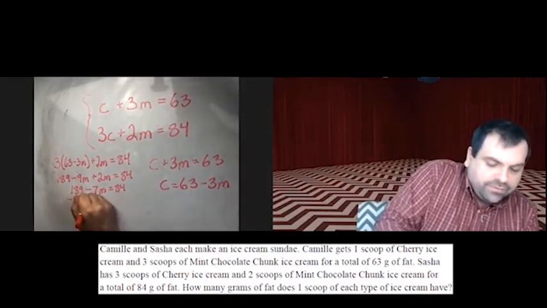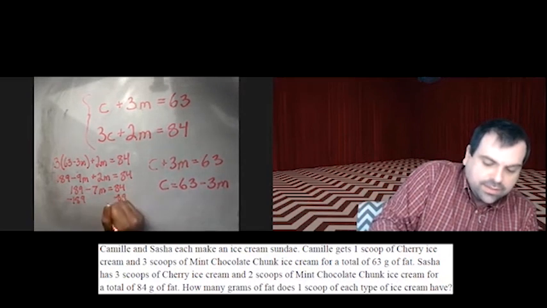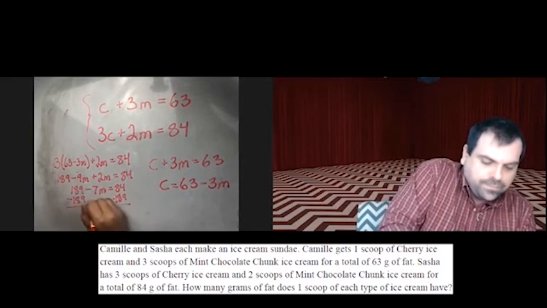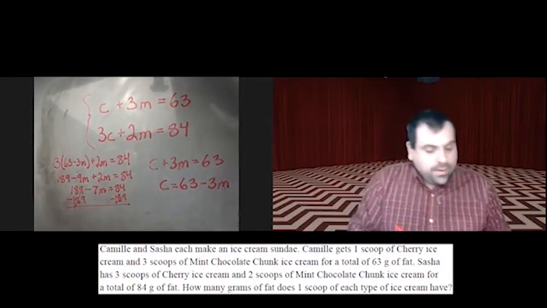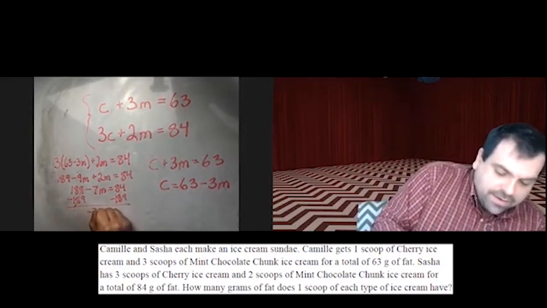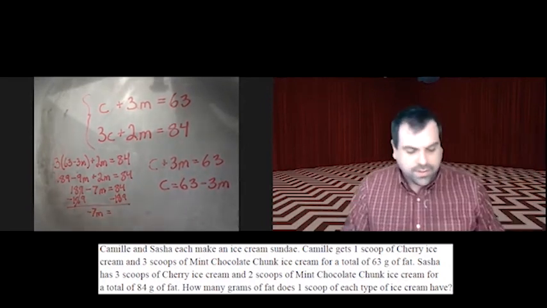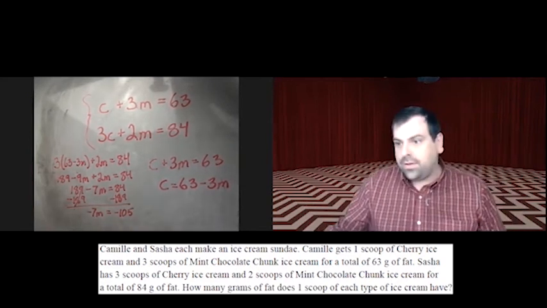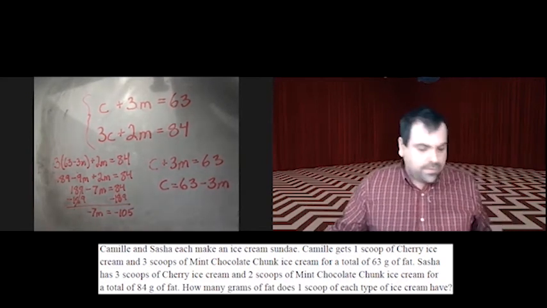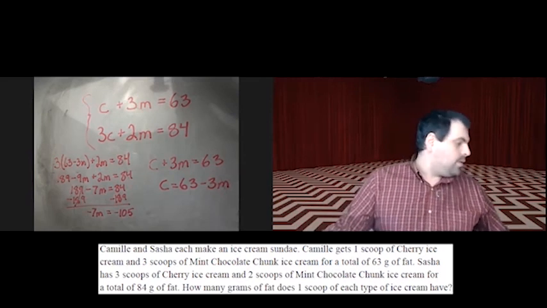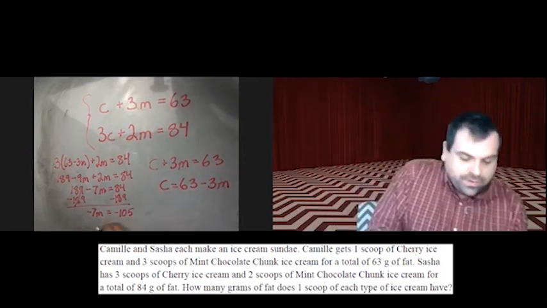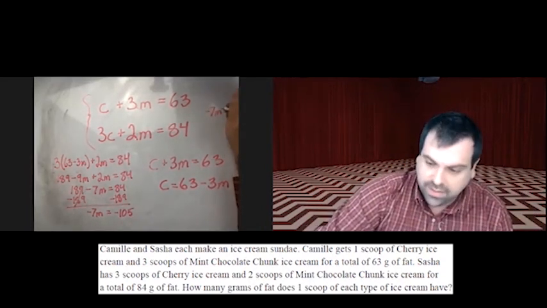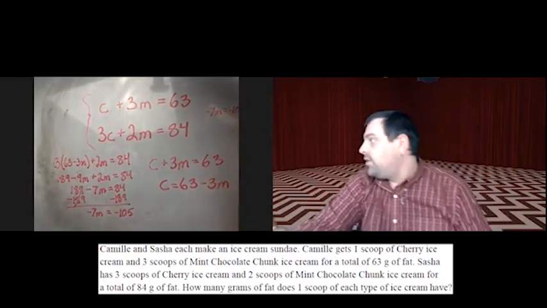Subtract 189 from both sides. That's going to give me -7M equals -105. If I divide both sides by -7, so -7M equals -105.